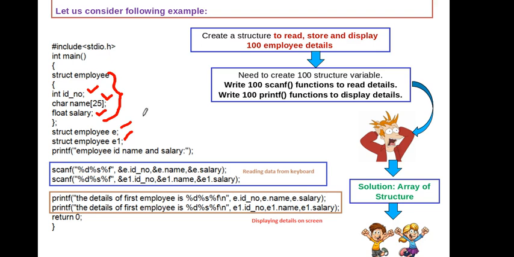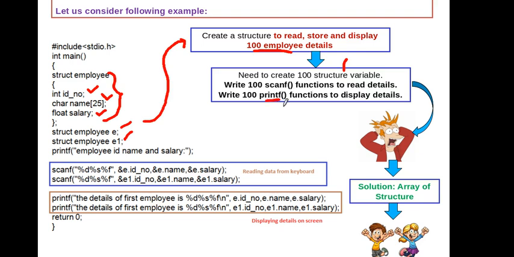Suppose this program is asked to read, store and display 100 employee details. In this situation, what will happen? To achieve the objective, we have to declare 100 distinct structure variables, and write the scanf statement 100 times to read 100 employee details.